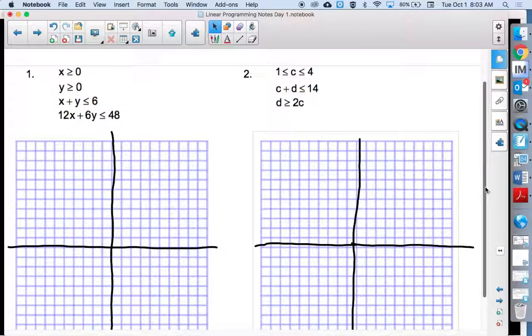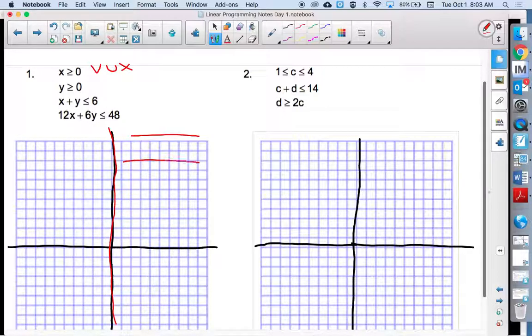And the first part says we want to look at x being greater than or equal to 0 and y being greater than or equal to 0, which were those two questions that pertain to our warm-up. So x being greater than or equal to 0. When you have x, that is our vertical line. So I now have a vertical line. Greater than or equal to 0 means I need all of the x values that are positive. So I'm going to shade in that direction.